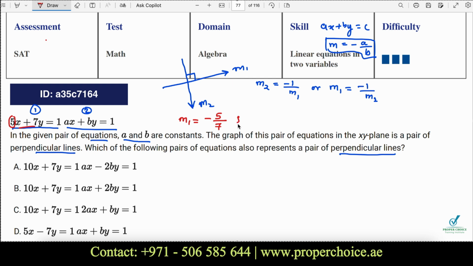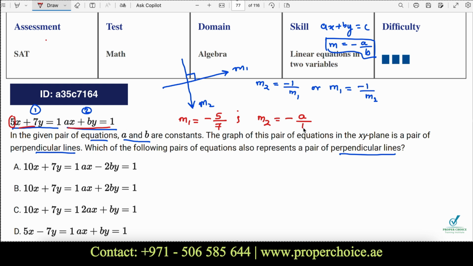Similarly, the slope of the second line becomes minus the coefficient of x, which is a, divided by the coefficient of y, which is b.